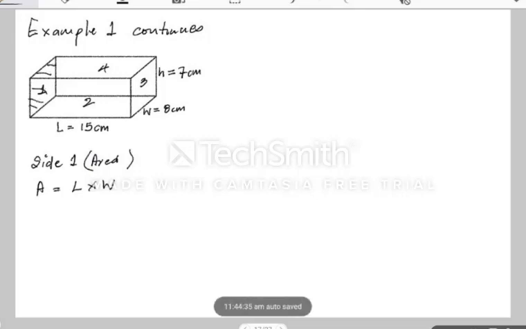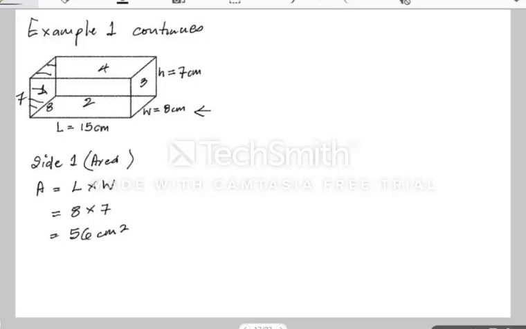The length, I'm seeing the length as what? As 8, same as the side out here. The length is 8, and the width of side 1, which is a rectangle, is 7, which is equal to the height. So it is 8 times 7, which is 56 centimeters squared.